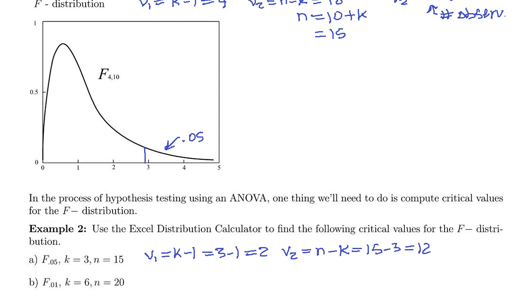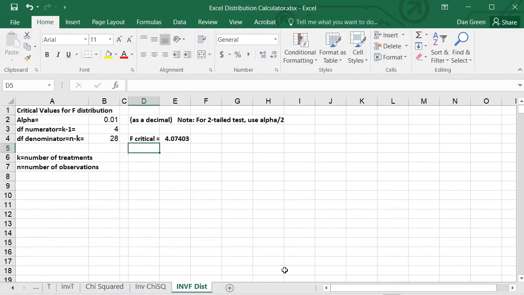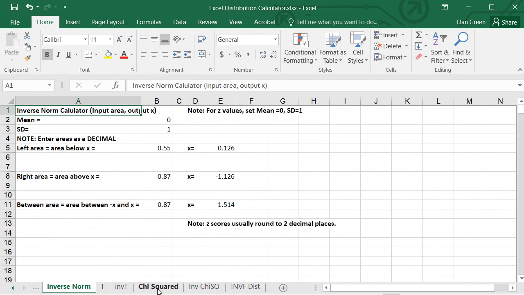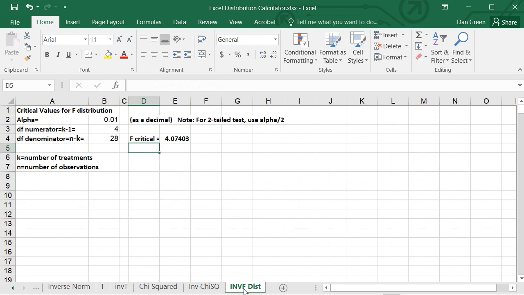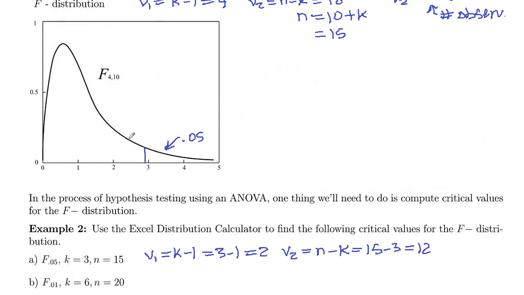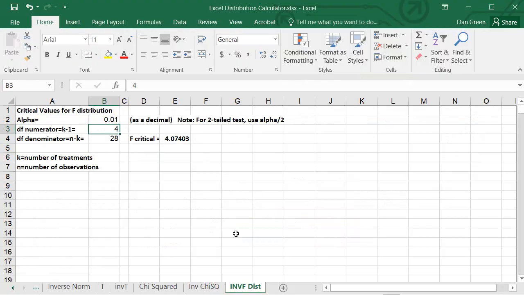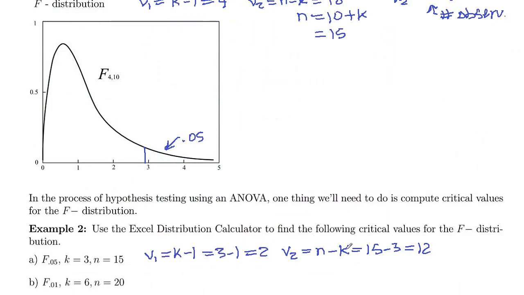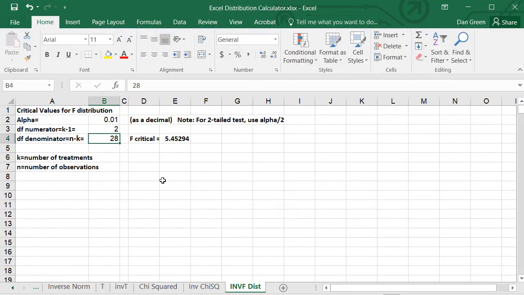So let's go to the distribution calculator. You'll open it up, it'll look like this. You'll see all these tabs across the bottom. You want to go to the inverse F distribution tab. Our numerator degrees of freedom, k minus 1, is 2, so we'll type a 2 in there. Our denominator degrees of freedom, n minus k, was 12.